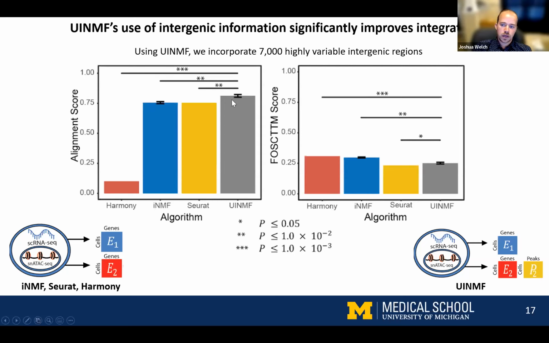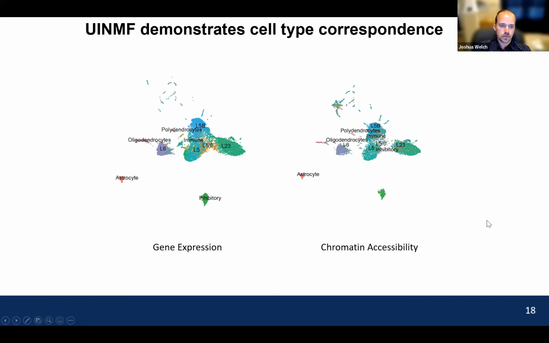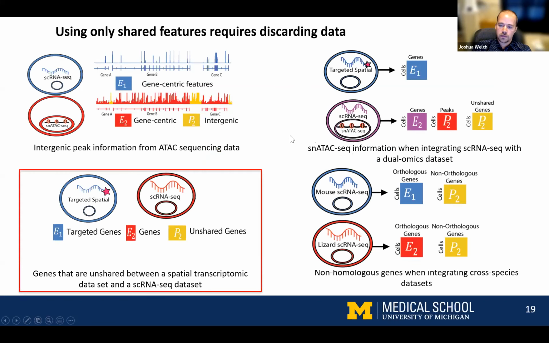We got a better alignment score than Seurat and a slightly worse FOSCTTM score, but Harmony was clearly worse at its ability to align these data types, which makes sense because it was designed primarily for gene expression integration. We also just did a qualitative analysis to see if the cell types that we identified corresponded to the labels that were published, and we found that they corresponded quite well. And so that's the first application of UINMF.